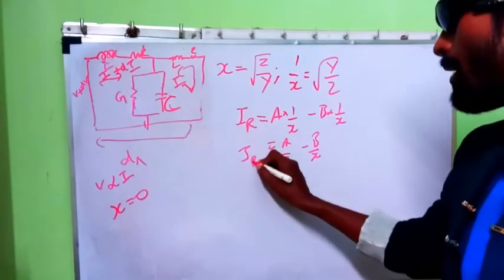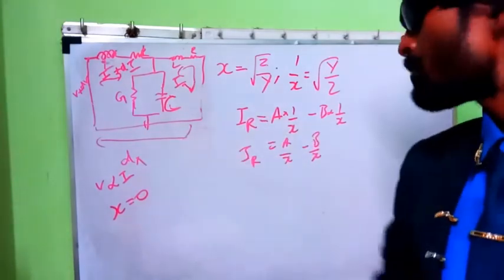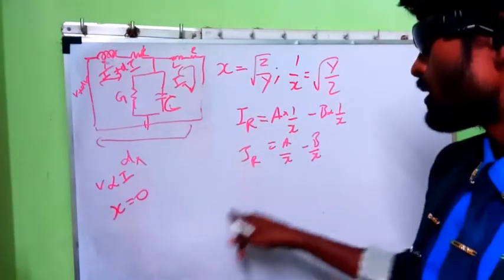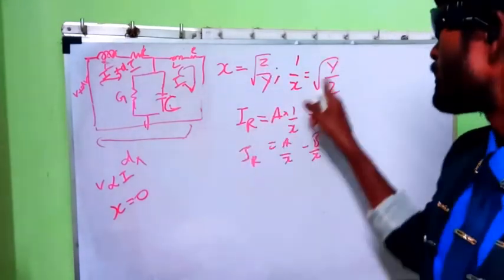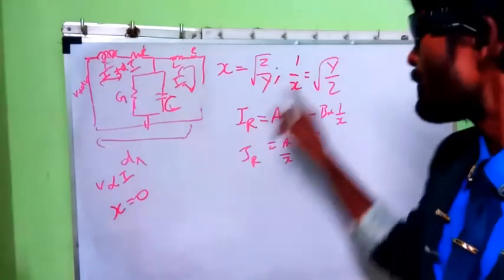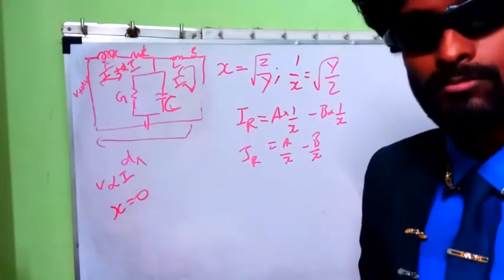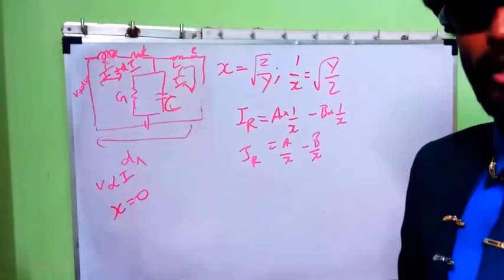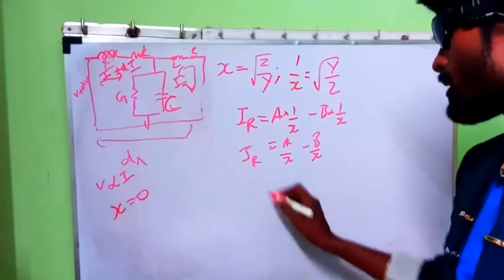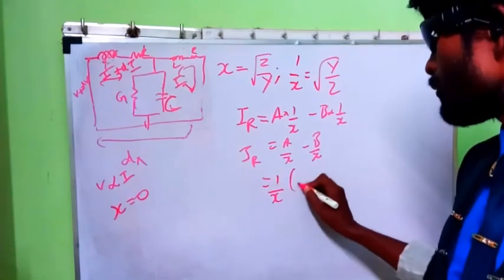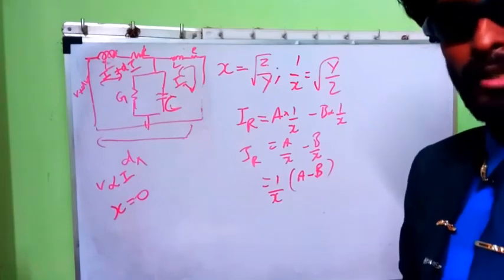That's going to be IR. Please check the previous equation so you don't get confused about how it came. Previously we got the equation IR is equal to A into root of y by z. Instead of root of y by z, I put 1 by x. Okay, I got the job, is it right? Now before the next one, I'm just going to have this simplification: 1 by x into (A minus B). For the next one, just see the next video. Okay, please write.